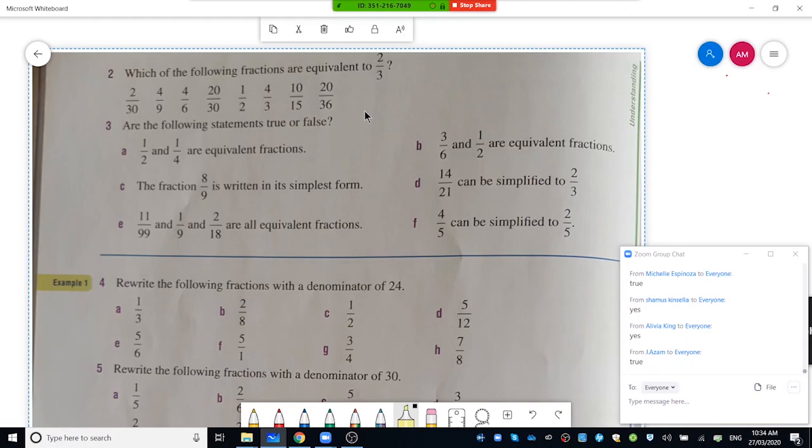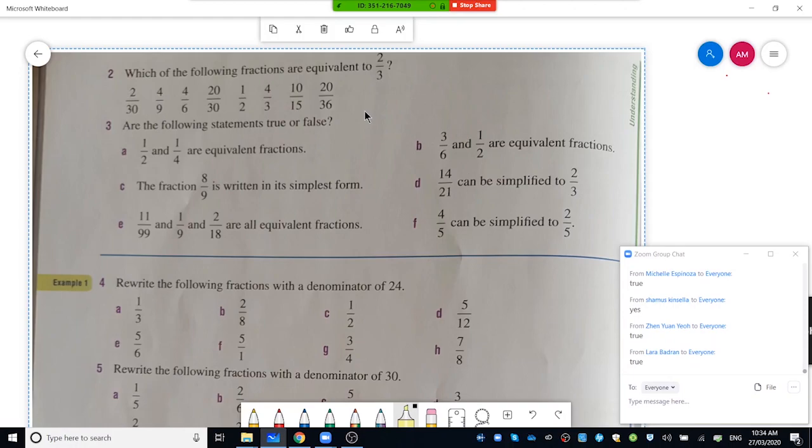That's an interesting question, the C part. The fraction 8 over 9 is written in its simplest form. Is it in simplest form, or can you reduce it? It can't be reduced any further, so it's already in the simplest form. Very nice, it's true.